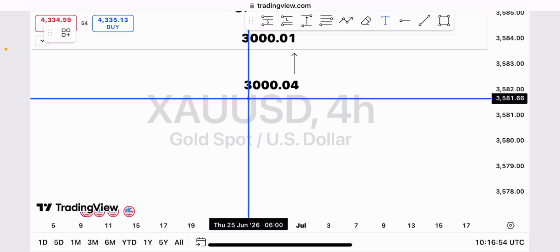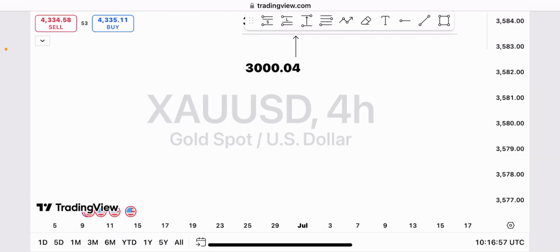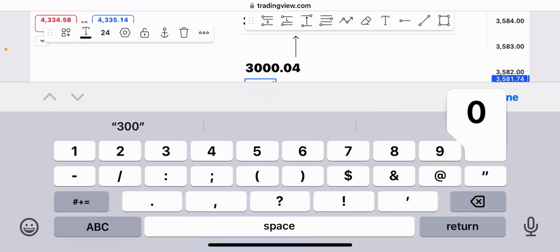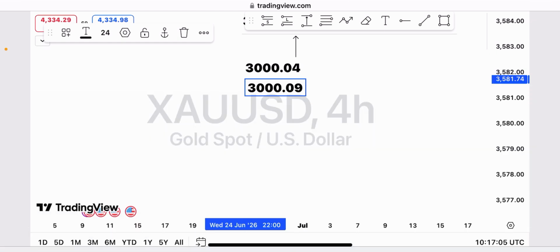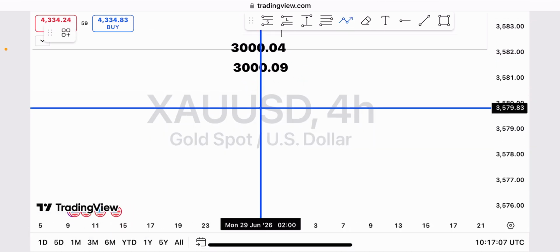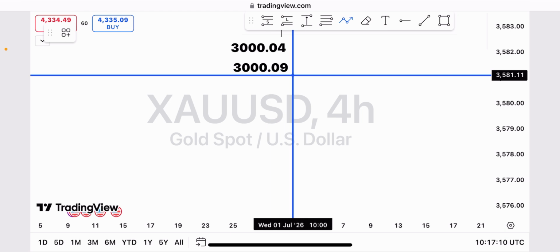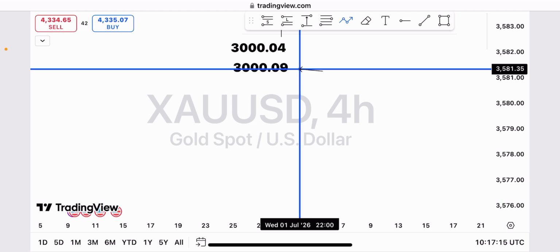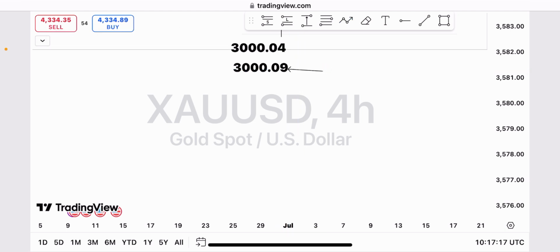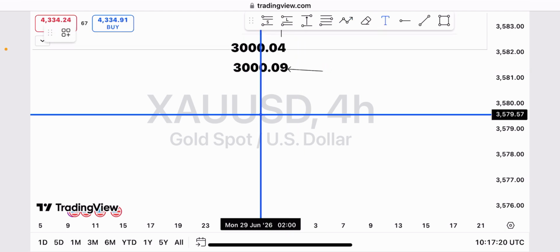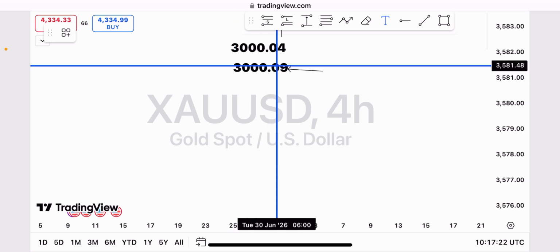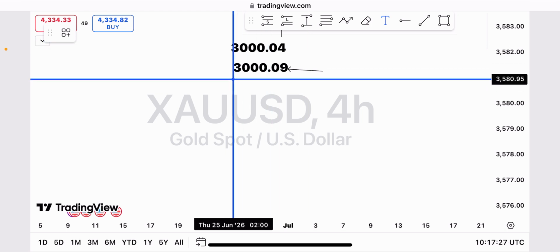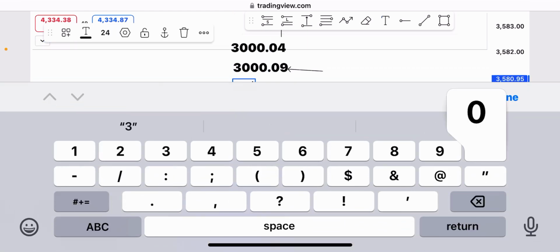We will have something like 3000.09. This is 0.9 change in the reading, giving us 9 pipettes. If this 9 pipettes should increase by 1 again, it's going to give us 10 pipettes, and I say 10 pipettes make a pip.